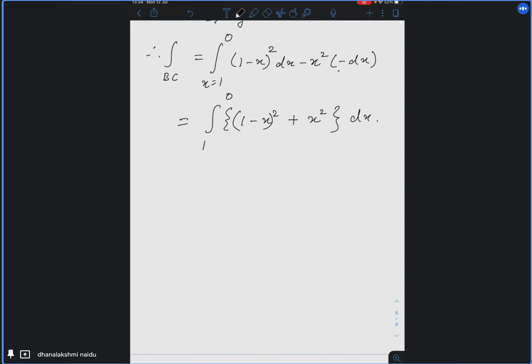Integrate and tell me the answer now. The integral value of the first one will be minus (1 minus x) whole cube by 3, limits 1 to 0, plus x cube by 3, limits 1 to 0.